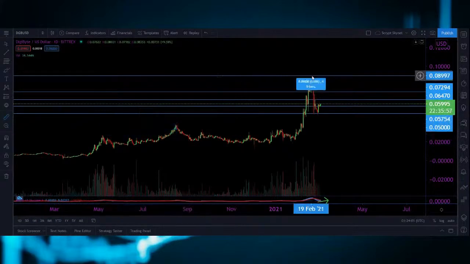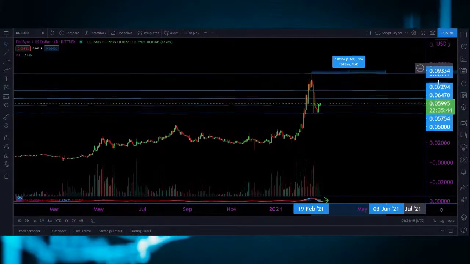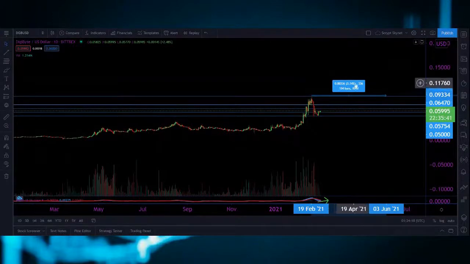So from this top, 104 days is right there. Okay, so it might take us 104 days or less, relatively speaking, to see this play out for DigiByte to break, or it could be faster than that. That's 2.5 months, just under 3 months. Okay, so that's looking good too.